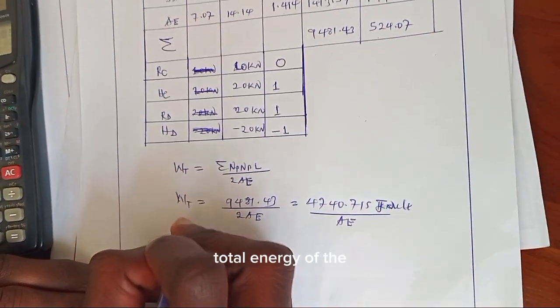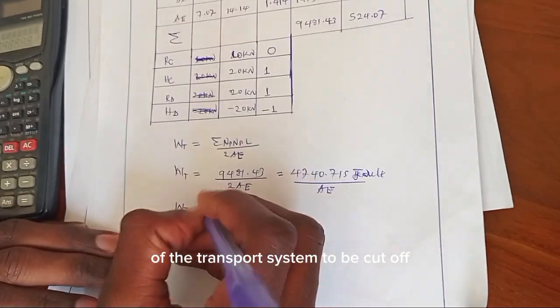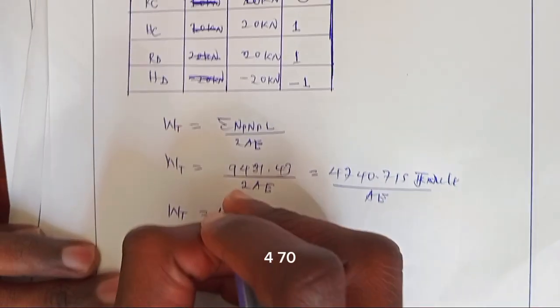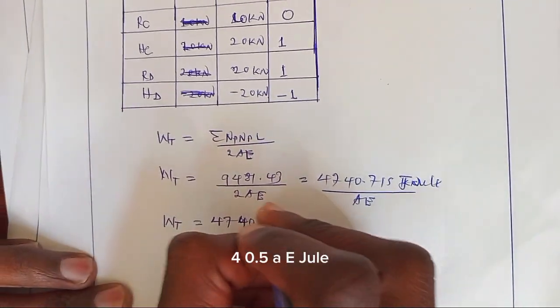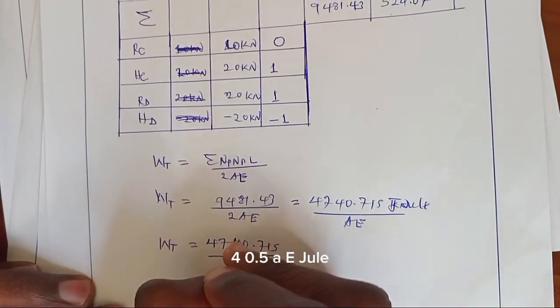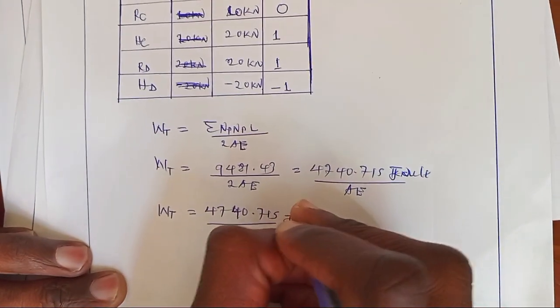The total energy of the truss system is 4740.5 over AE joule.